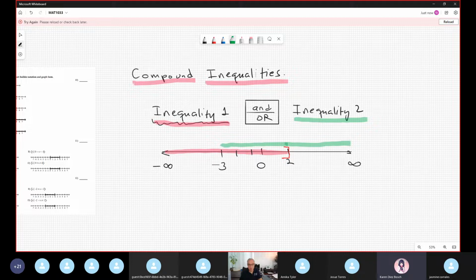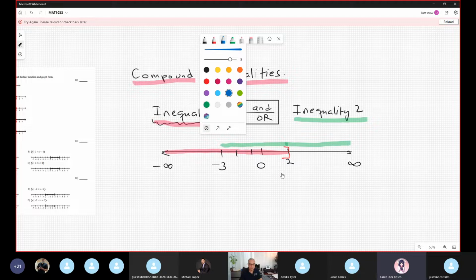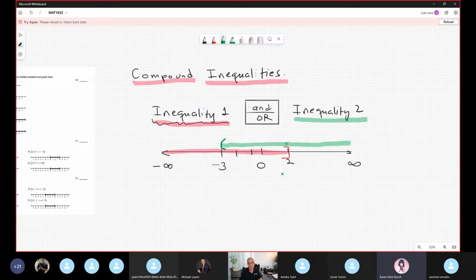If you want, you put it on the line, but to avoid confusion, I put it a little bit separately. And suppose it doesn't include -3, parenthesis. Now I need to do the connection between inequality 1, red color, and inequality 2, green color, using maybe and. And is intersection.